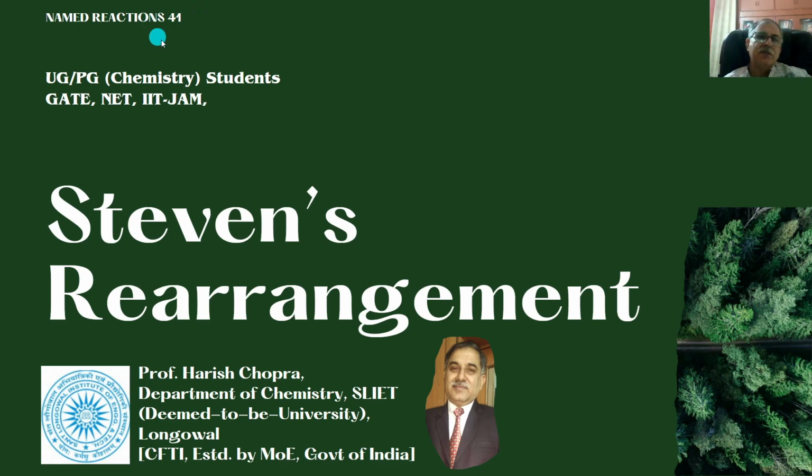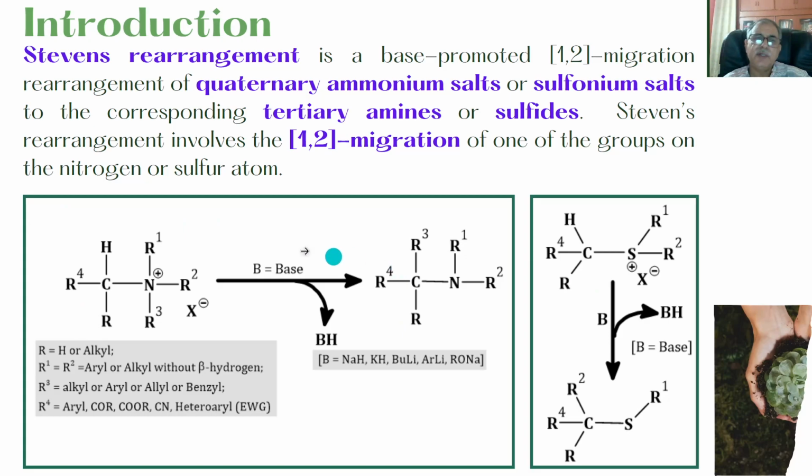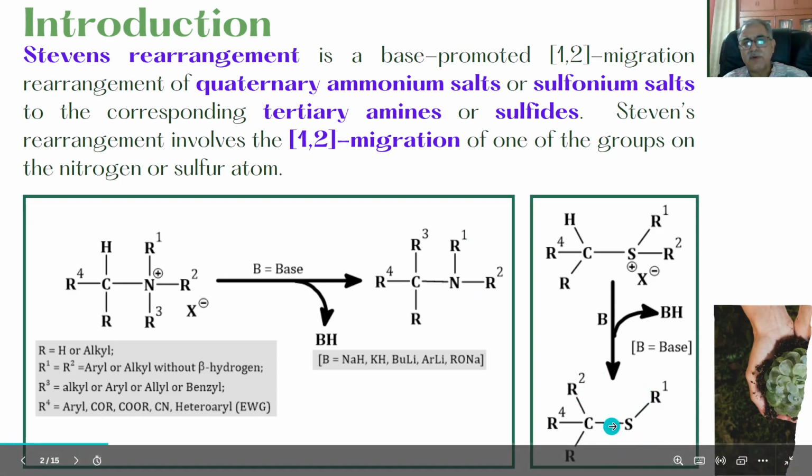Dear students, this is our 41st lecture on named reactions, and today's topic is Stevens rearrangement. Stevens rearrangement basically is a base catalyzed 1,2 migration of quaternary ammonium salts or sulfonium salts to the respective tertiary amines or sulfides.